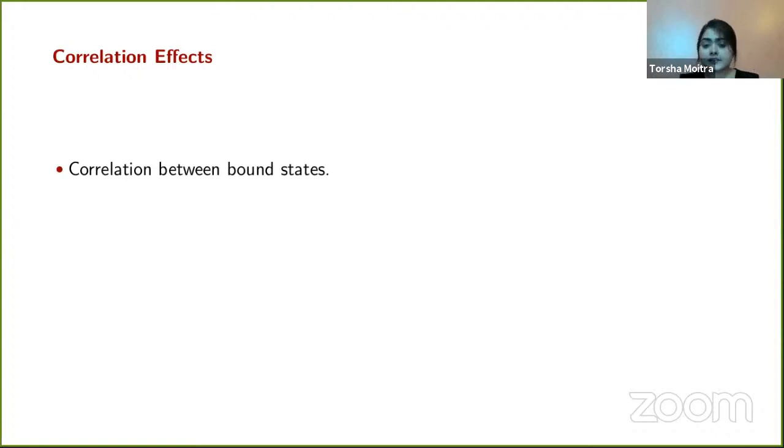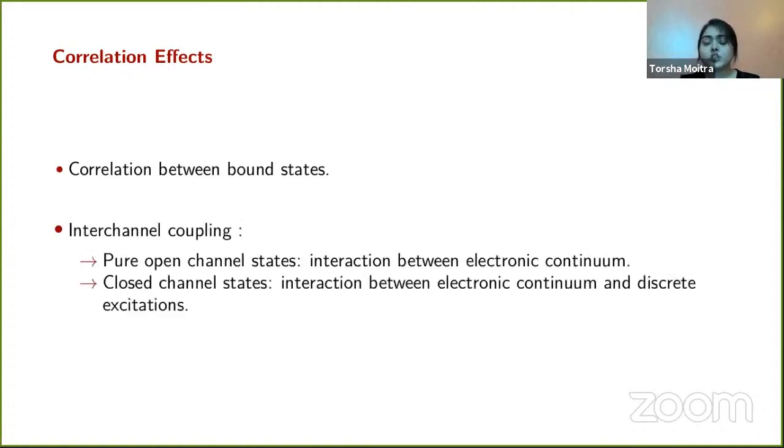So the next is the more involved one, which is broadly termed as interchannel coupling. This can be further subdivided into two categories. The first is the interaction between the individual continuum channels. This is termed as pure open channel states. The next is the interaction between the electronic continuum and the discrete bound excitations, which is termed as the closed channel states.